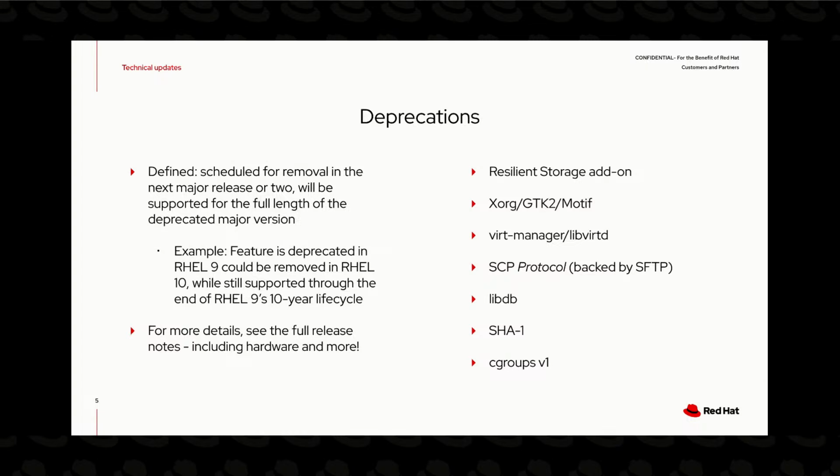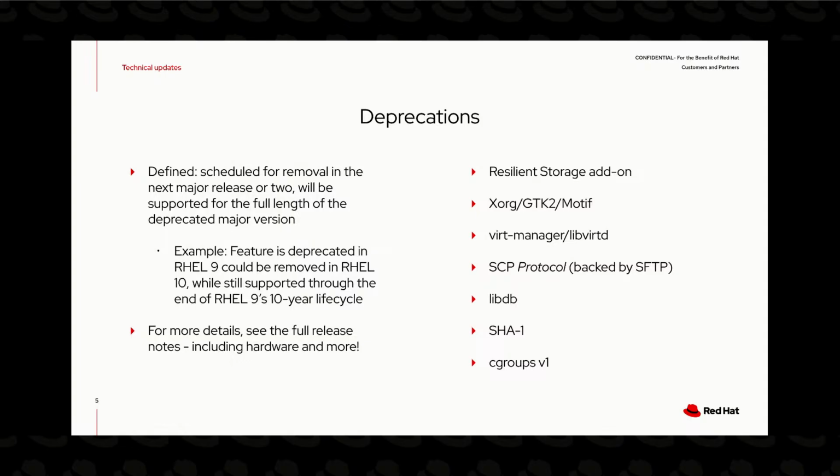So deprecations are a mechanism that we use for notifying you that we don't want to do this anymore, that this is something that will likely be leaving the distribution. So for example, a new one that was added in RHEL 9.5 is Resilient Storage Add-on. Resilient Storage Add-on is a product that goes with RHEL, but is the GFS2 and clustered LVM software that we ship as an add-on to RHEL.